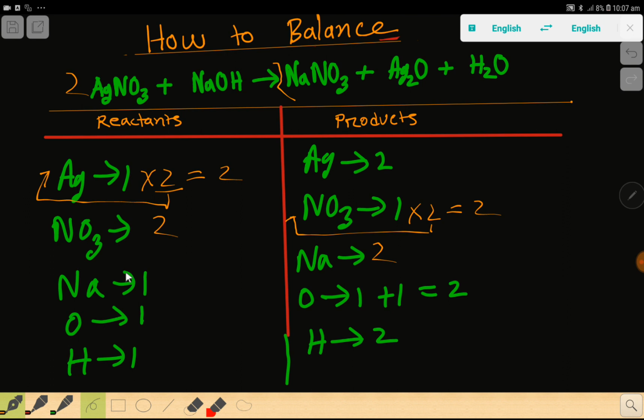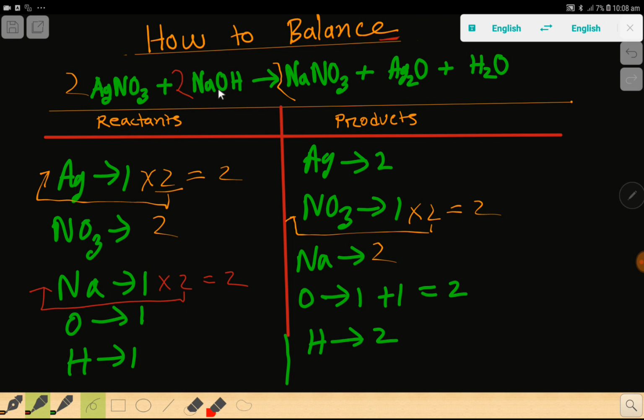Now look, we need to balance the number of sodium. Here 2 but here 1. So to balance the sodium, what can I do? You can multiply here by 2, that gives you 2. This 2 must come before this sodium, that is, this sodium has come from here. So you have to place here 2. If you place here 2, the number of sodium will be 2.